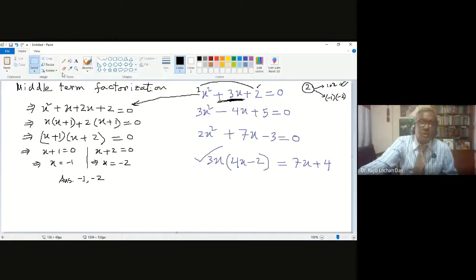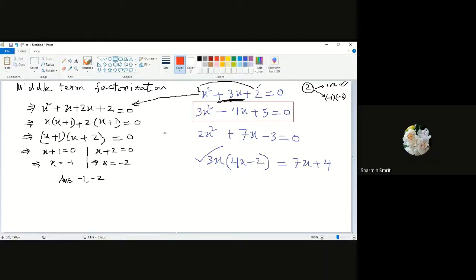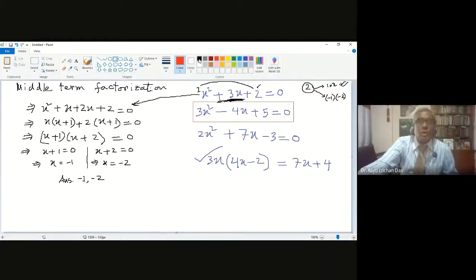Now think about the second one. Is it possible to apply the same middle term factorization method here? Is it possible to apply the same method again? Yes, sir.